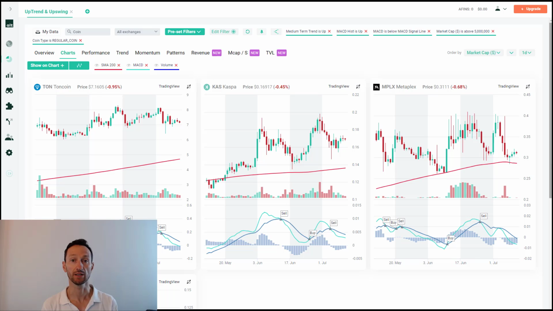Clearly, they would not be in an uptrend if they were not trading above the 200-day moving average. That's a given. But as you can see, in terms of the MACD, these blue bars are MACD histogram bars. And there's more information about what MACD stands for, moving average convergence divergence.